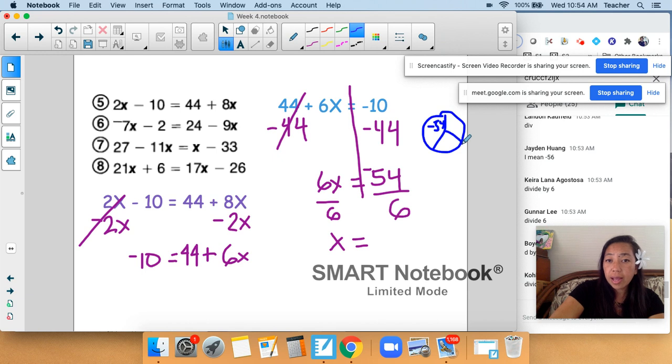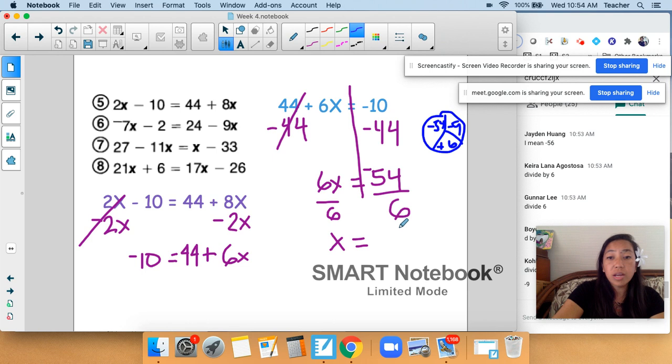And we have a positive 6. So our answer is going to have to be a negative, because that's the negative spot in Dopey Man. And 54 divided by 6 is 9. So x is equal to a negative 9. Okay, so that's how we solve equations by combining like terms when we have variables on both sides.